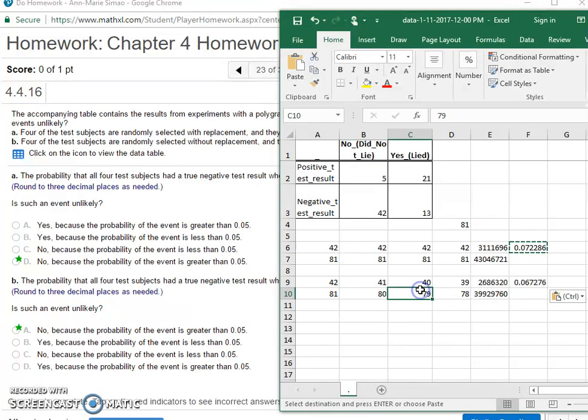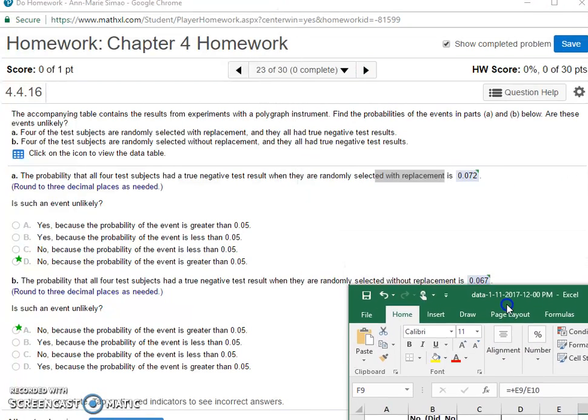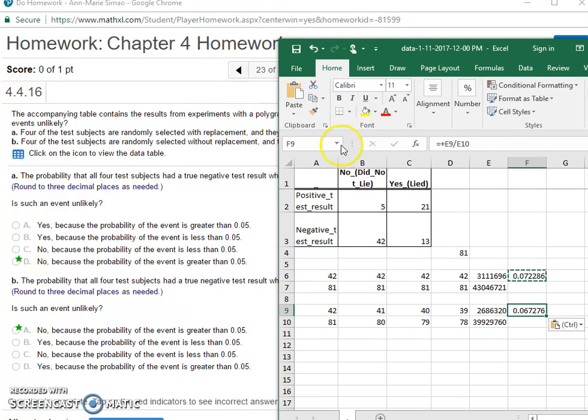The 80 becomes 79 because that one's not replaced. And the 40 becomes 39. 79 becomes 78. 42 over 81 times 41 over 80 times 40 over 79 times 39 over 78. And when I divide my numerator, divide my denominator, 0.0672 or 0.067 rounded to 3 decimal places. Again, this is not unlikely because it's greater than 0.05.